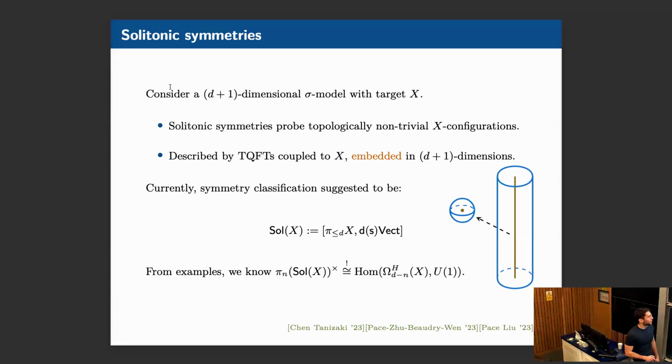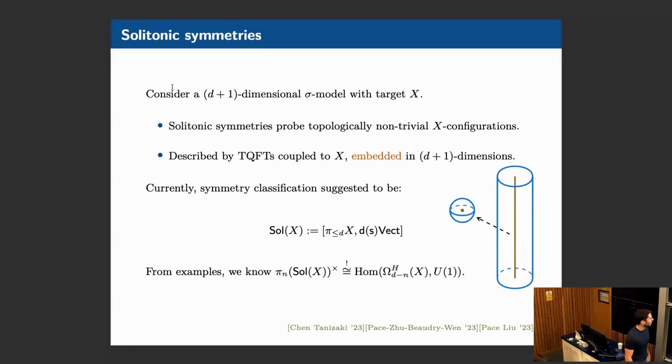So we may have that our field has some non-trivial configurations, say for example on a line, and our solitonic symmetries are going to capture this kind of non-trivial configurations by assigning some charge to this kind of soliton. And we can think about the solitonic symmetries as being some TQFTs coupled to the target of your sigma model, which are now embedded in d+1 dimensions.